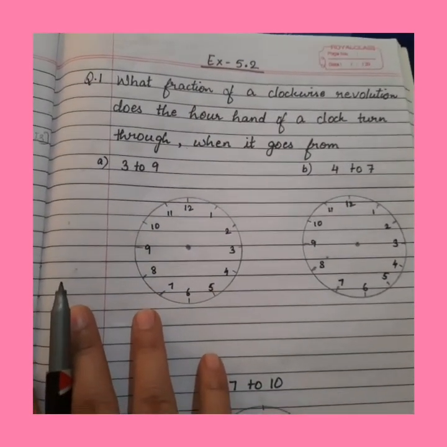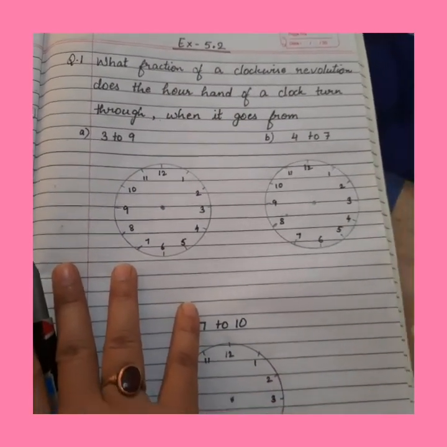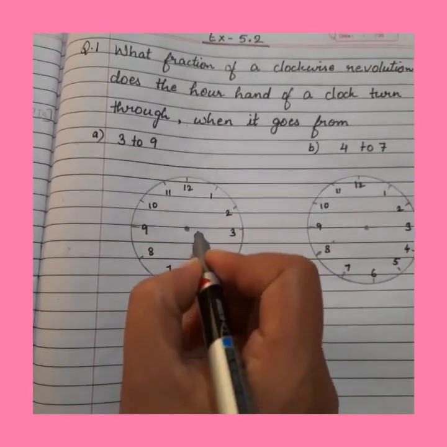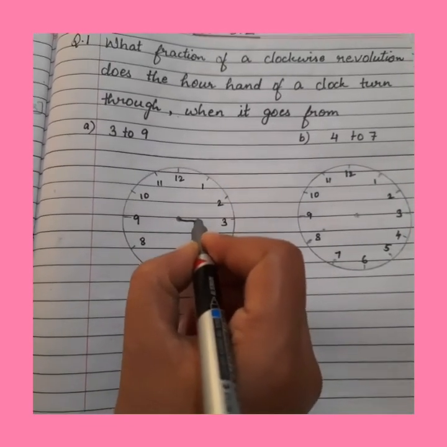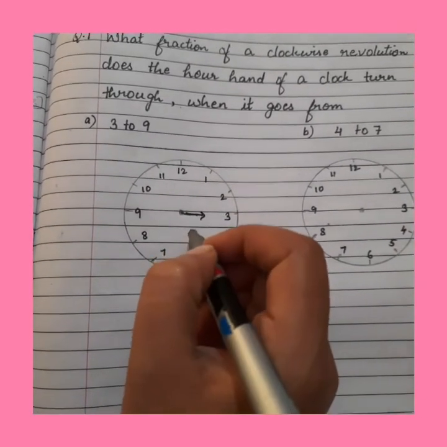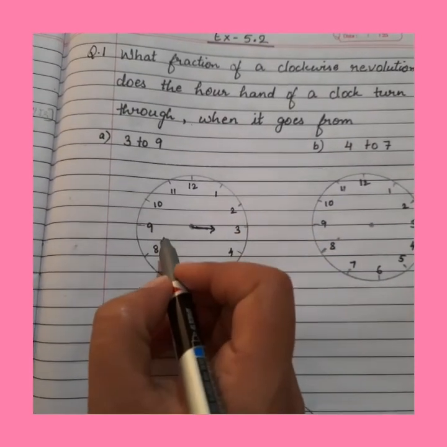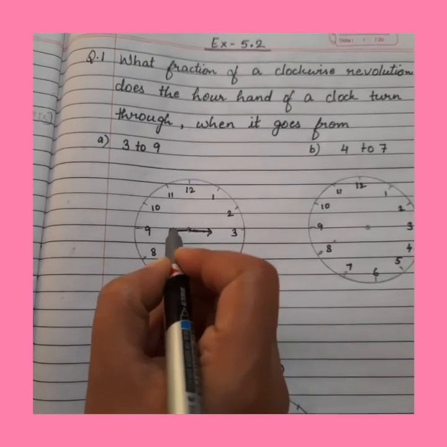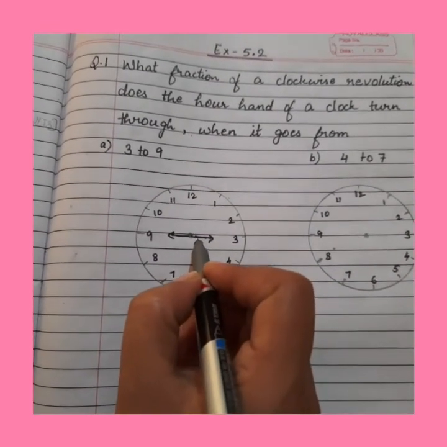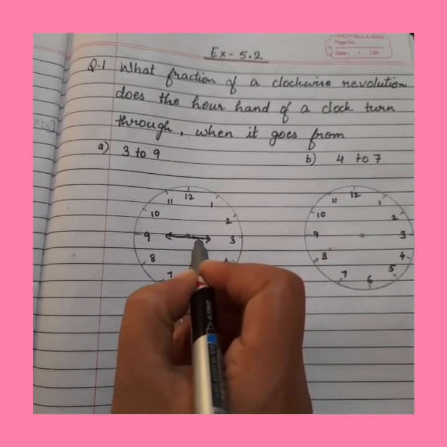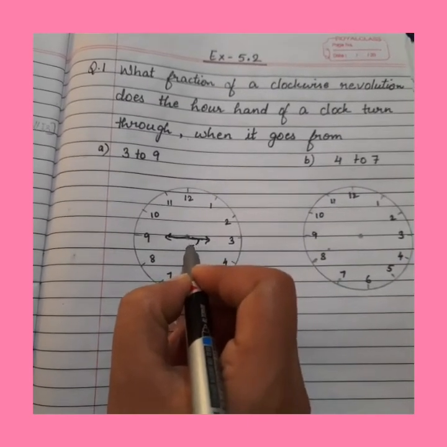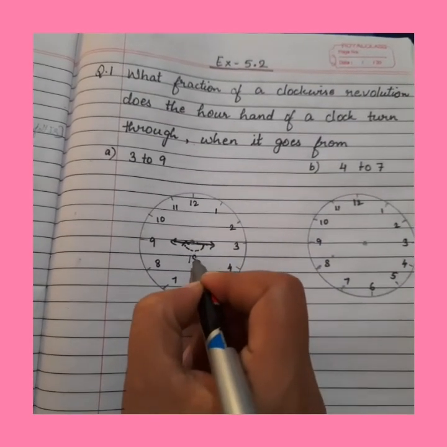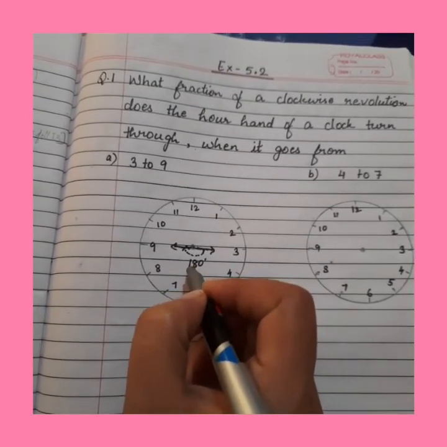So here it is asked for the hour hand of a clock when it starts moving from 3 to 9. First you have to draw the hour hand on 3 and then the other hand on 9, because from 3 it is moving and reaching 9. As you can see, these two are opposite arrows. It is starting from 3 and reaching 9, so it is making an angle of 180 degrees, that is a straight angle.